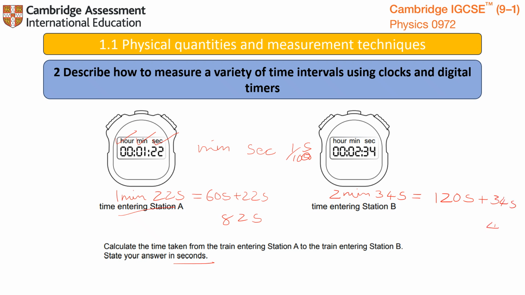So this is equal to 154 seconds. We require just the difference. So 154 seconds minus 82 seconds, we get 72 seconds. So the answer is 72 seconds.